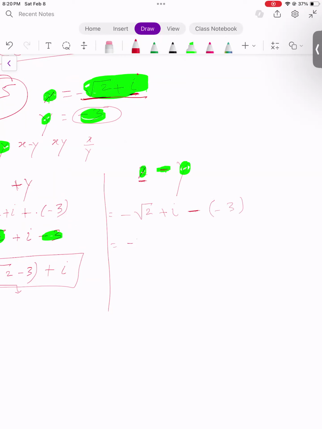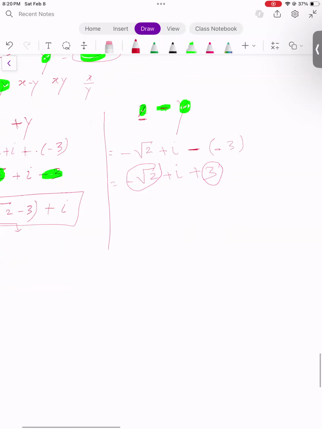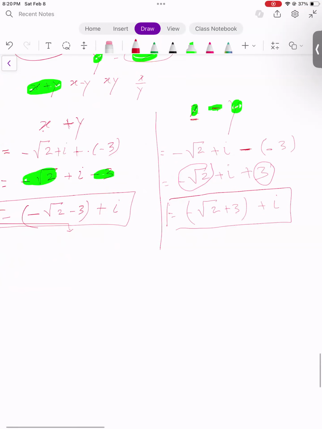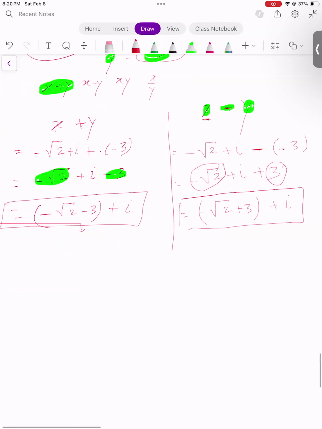So this is negative root 2, I'm copying this one, plus i. Negative times negative 3 is positive 3. Now we have this number and this number as the real part, so let's write them together. So negative root 2 plus 3, and i separately. And this is the difference of these two complex numbers. Let me know if you have any questions.